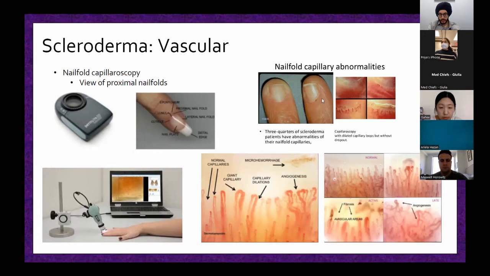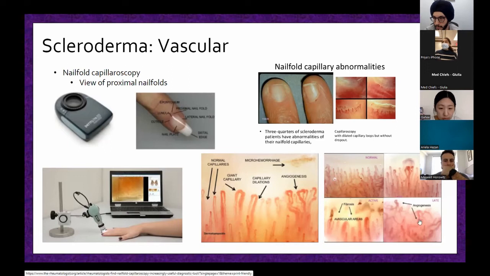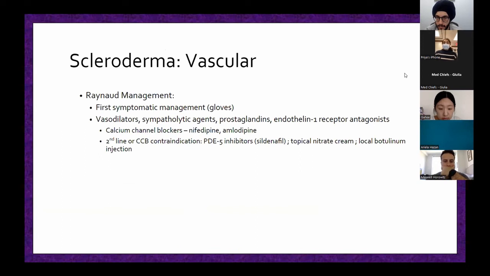But under the dermatoscope, you may see different stages of the vessels, the capillaries that feed the nail bed, being inflamed to the point of basically having angiogenesis and dropout. So this is a cheap but important tool to use, which is a reflection of what's actually going on systemically affecting the organs.